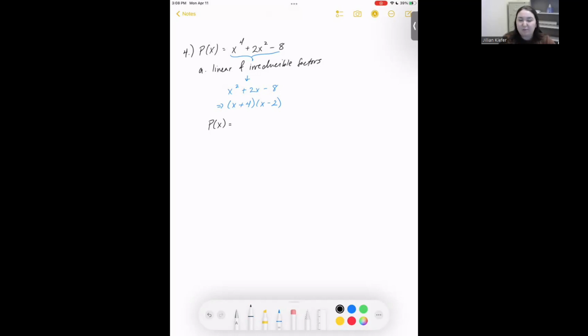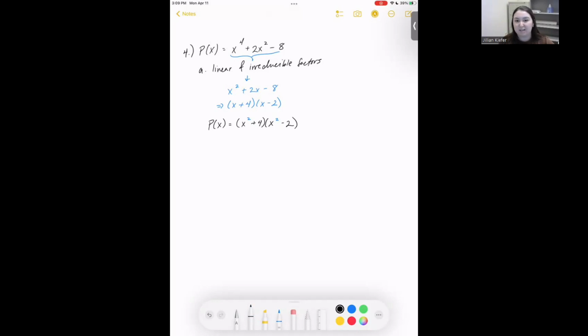So x to the power 4 plus 2x squared minus 8 is going to factor into x squared plus 4 times x squared minus 2. Same factors, exponents get doubled. If the exponent is doubled in the polynomial, the exponents are doubled in the factorization.